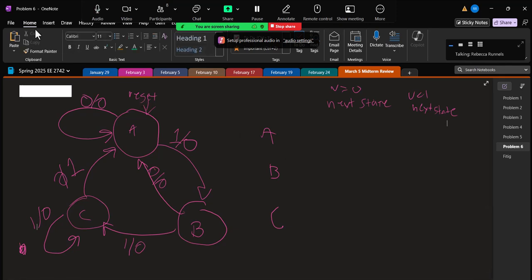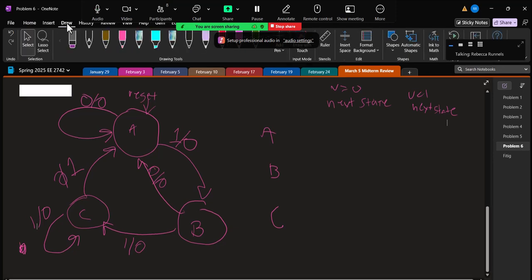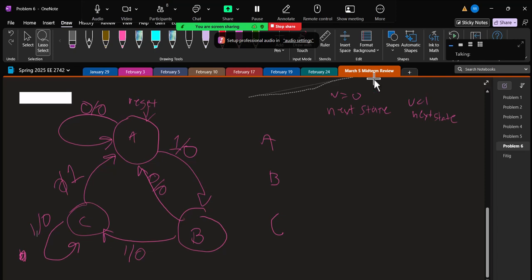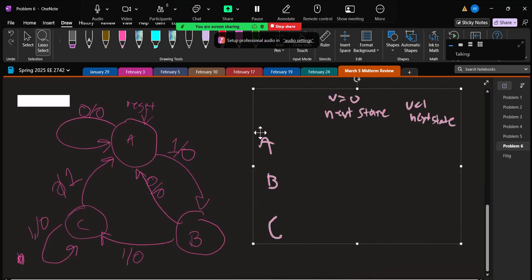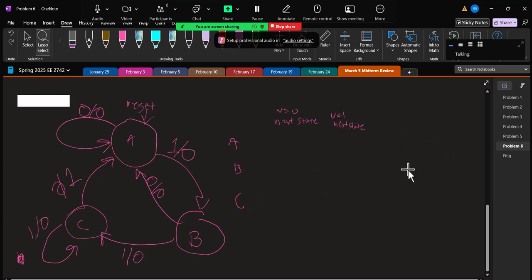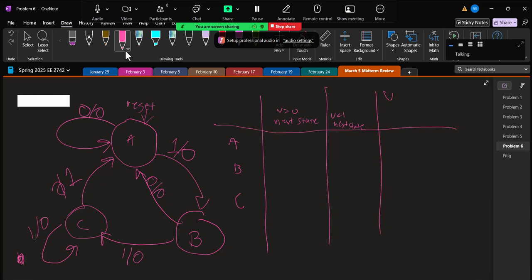But then for my output, since this is Mealy, I have separate outputs for the different inputs. So this is V equals 0 output, V equals 1 output.